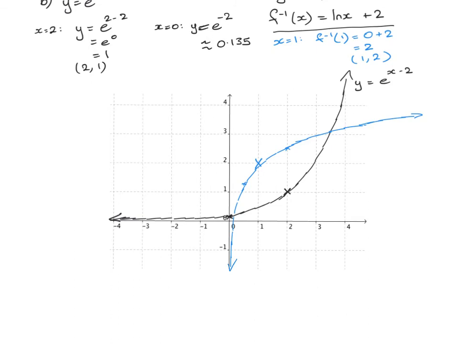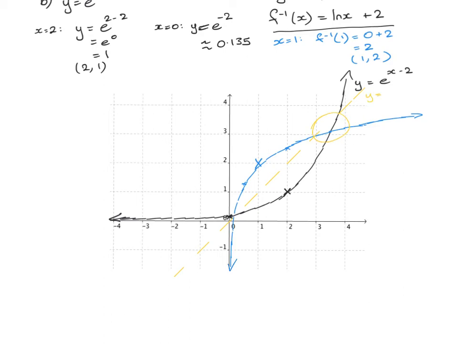Now, let's graph the line y equals x and see if it looks like they're the reflection of each other. We weren't asked to do this, but it's worth just having a look to verify the way it should be. So here's the line y equals x. As you can see, my graph isn't perfect. We would go a bit off here.